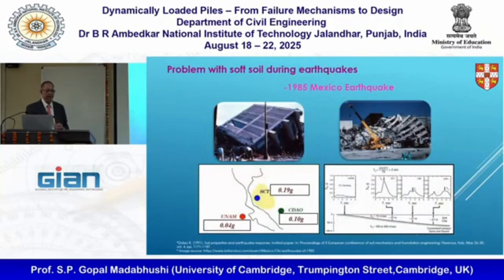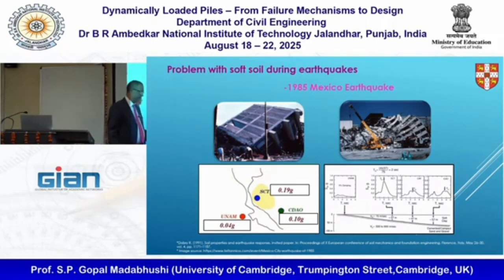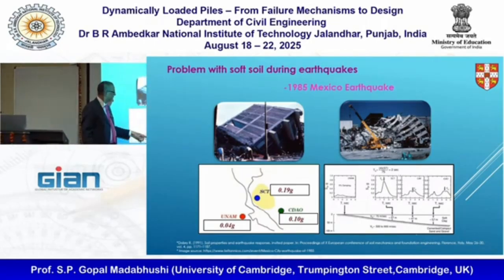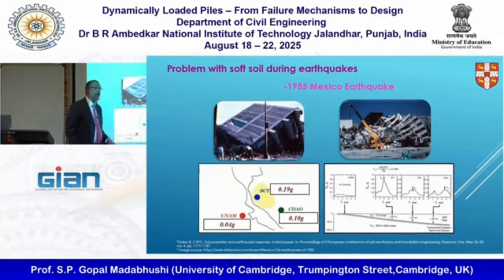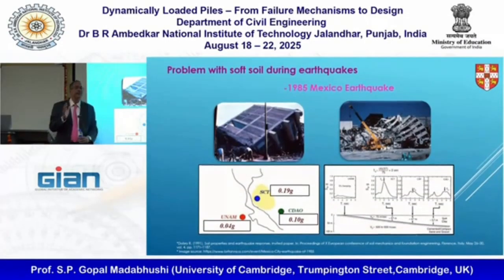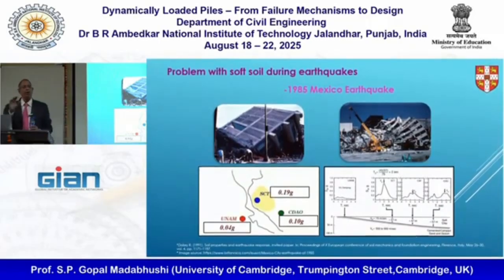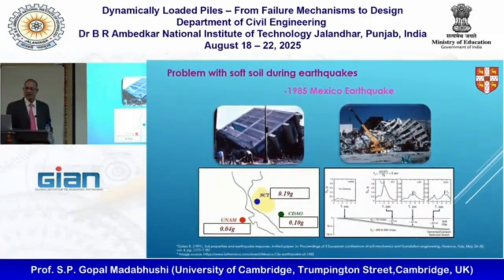This is the Mexico City 1985 earthquake, where the earthquake was fairly small away in the hills, but at these locations it was magnified from 0.05 g to almost 0.2 g, and that caused buildings of certain heights to fail. Very tall buildings were fine, very short buildings were fine.